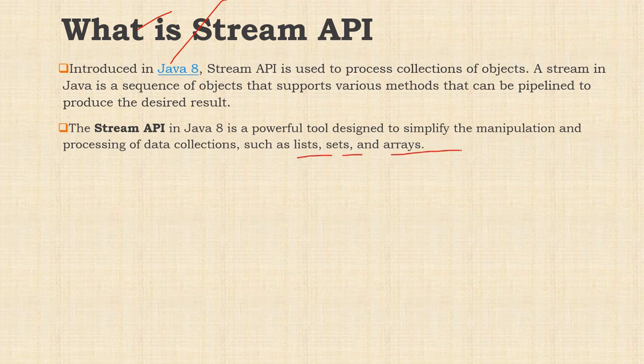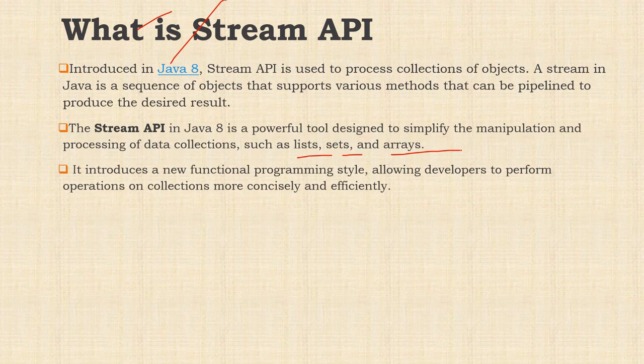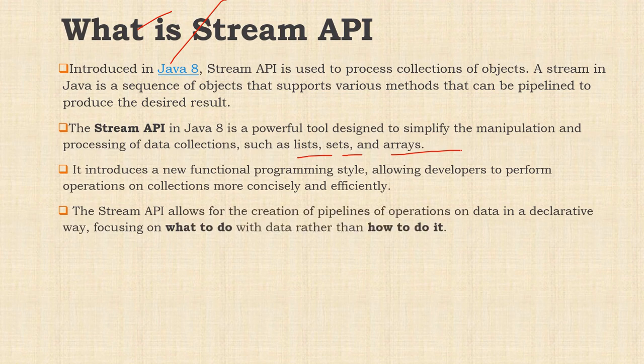It introduced a new functional programming style allowing developers to perform operations on collections more concisely and efficiently. The Stream API allows for the creation of pipelines of operations on data in a declarative way, focusing on what to do with data rather than how to do it.